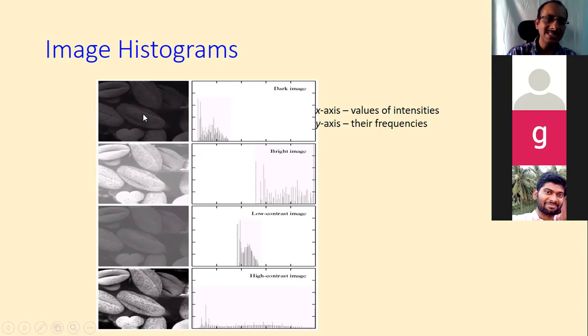As you can see, the first image looks very dark, and the histogram also shows the same, correct? The second image on the other side is much brighter.